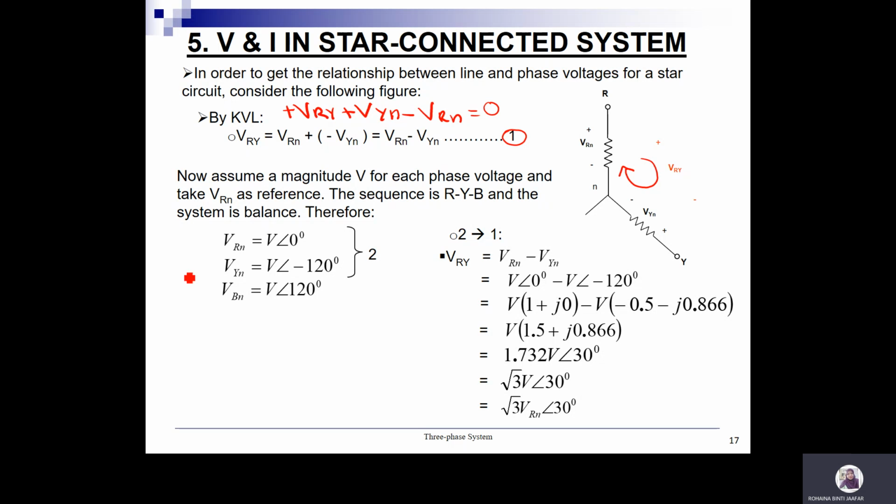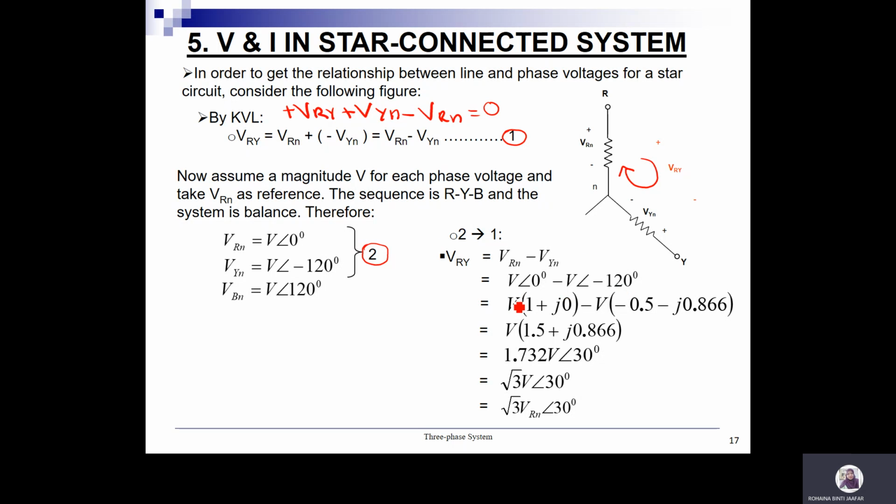Referring back to the relationship we learned before, you get the second equation. Now you substitute the second equation into the first equation. VRN is V angle 0 minus VYN.